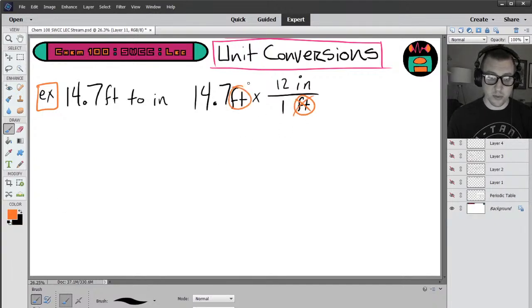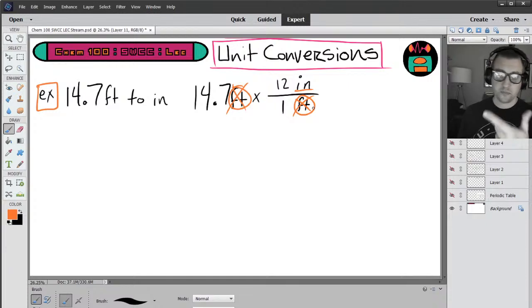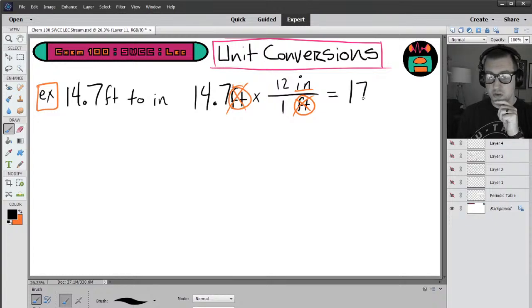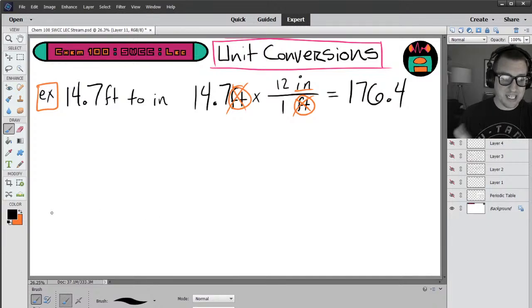to crunch my numbers. Feet cancel feet. The only unit left standing is inches, which is good because I was asked to convert from 14.7 feet to inches. So I go 14.7 times 12, because it's in the numerator, and the value that I'm getting is 176.4. The question is, how many sig figs should my answer have?